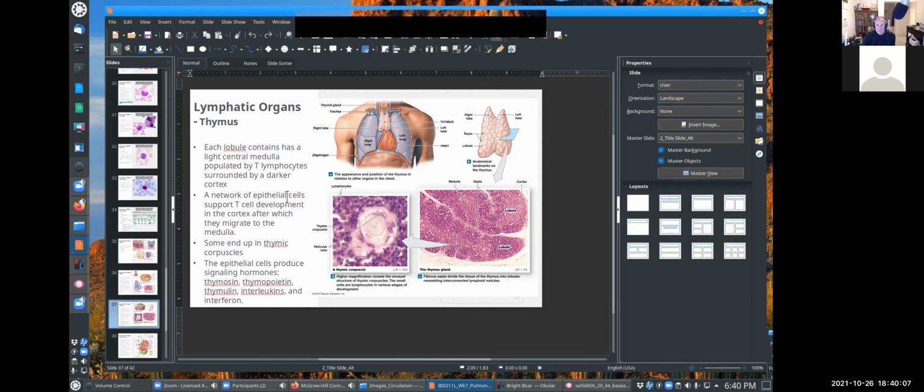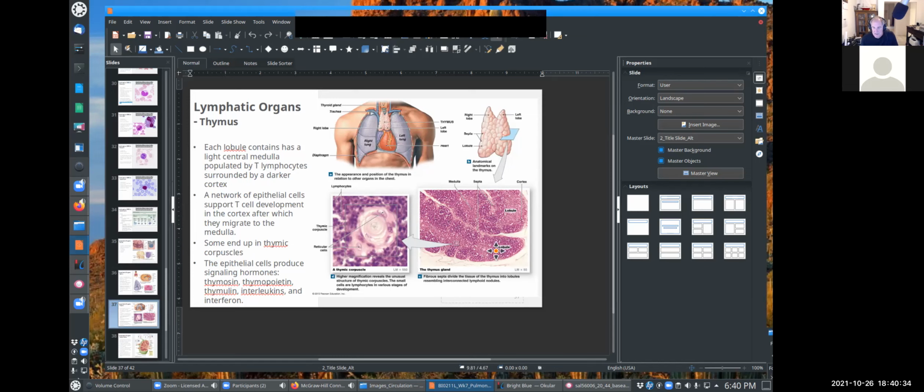The thymus, the thing that's characteristic of them is finding these thymic corpuscles. So those are collections of T cells that are just surrounded or wrapped up and encapsulated after they mature. And you'll see lobules in the thymus too.